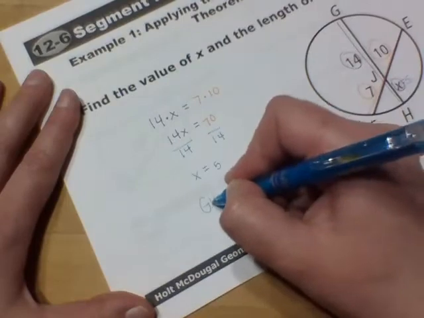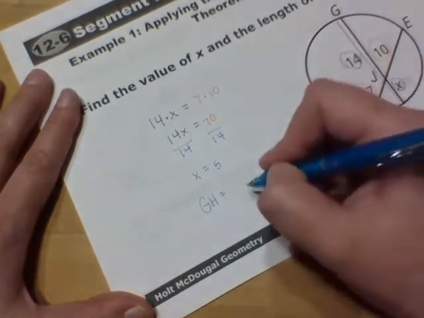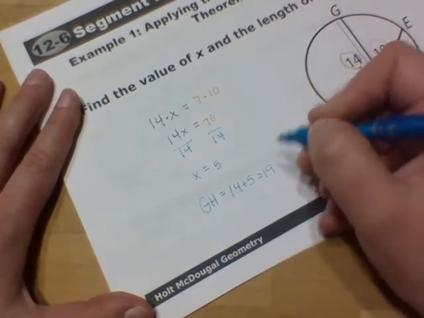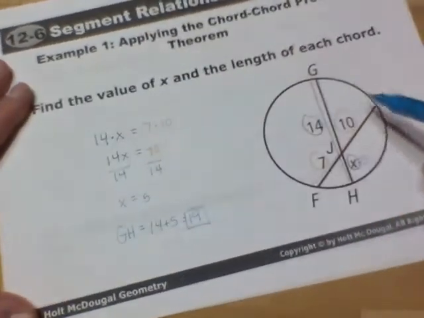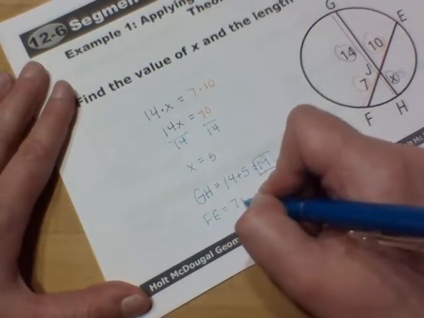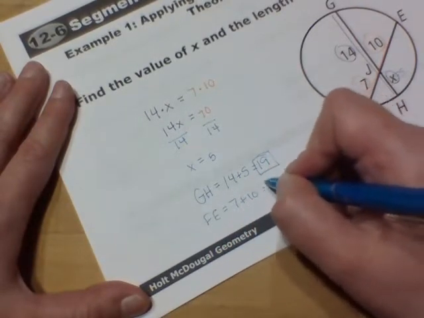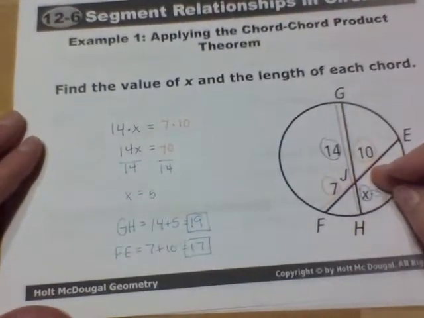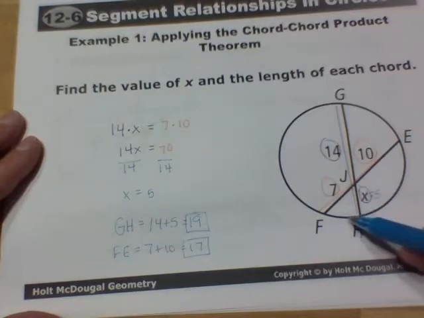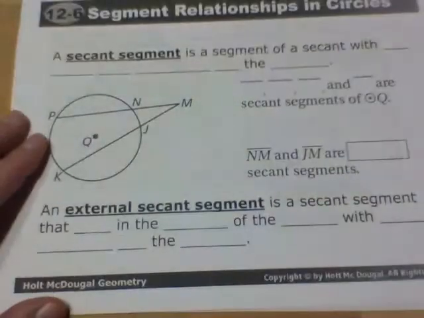So GH is 14 plus 5, so 19. And then we also need to find FE. FE is 7 plus 10, or 17. There you go. So the idea again is to multiply the two pieces of the chord.